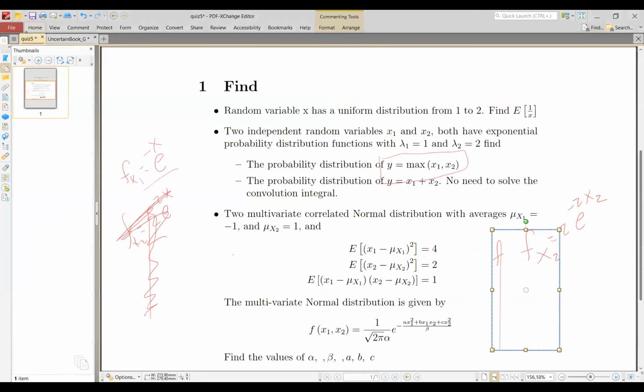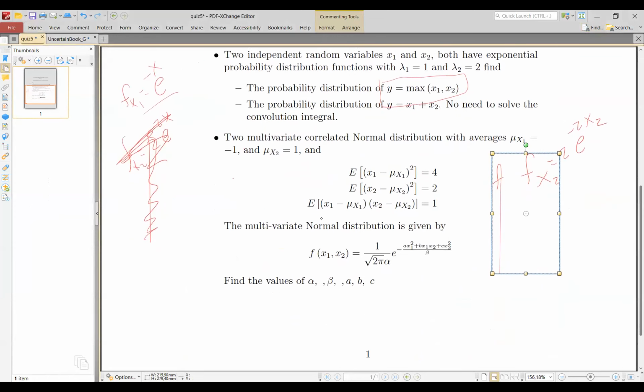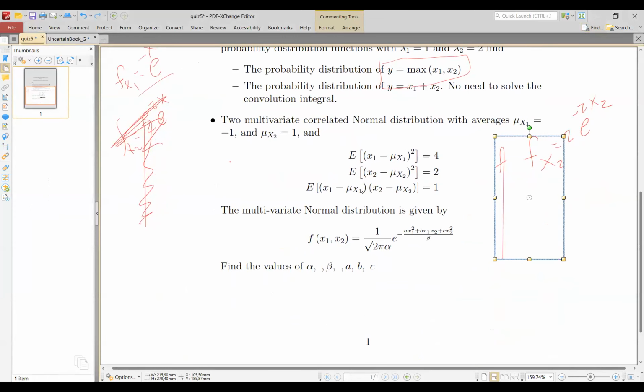Yeah, so this is actually the second problem. The third one is a multivariate correlated normal distribution with average given as mu x1 equal to -1 and the average mu x2 equal to 1. Then they gave us the variance of x1, the variance of x2, and also the covariance between x1 and x2.